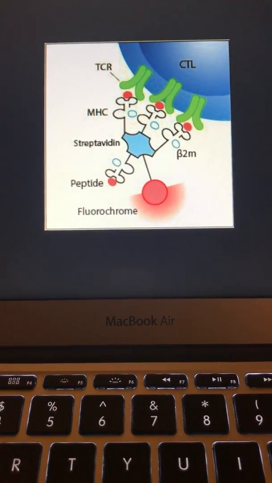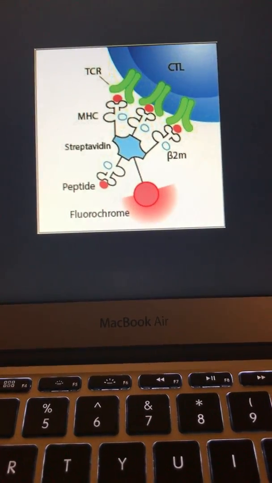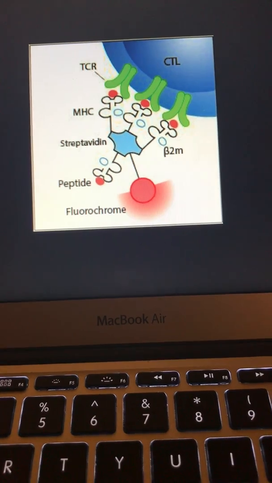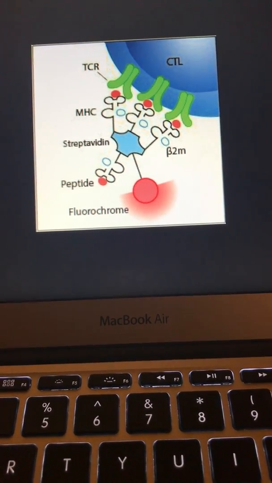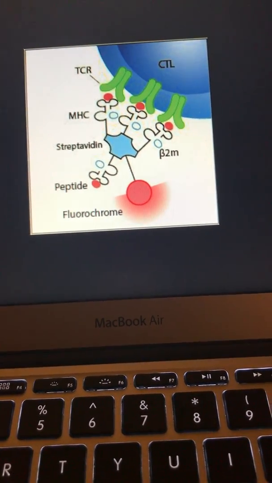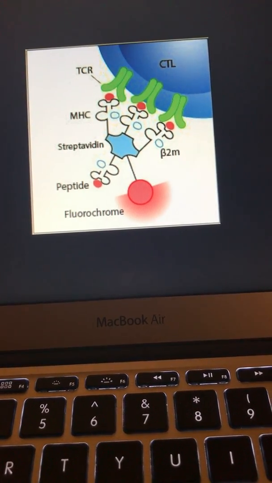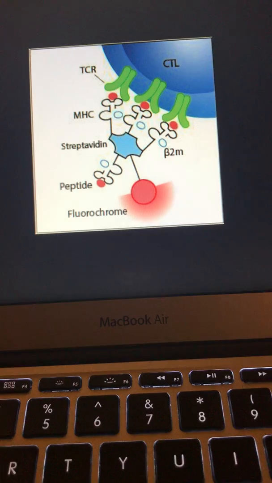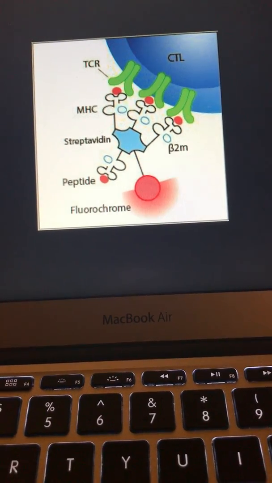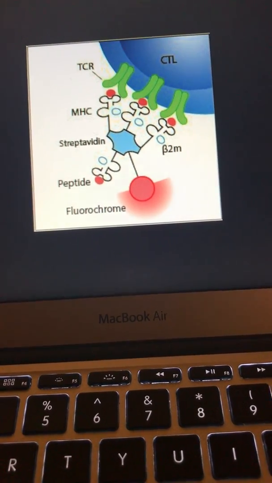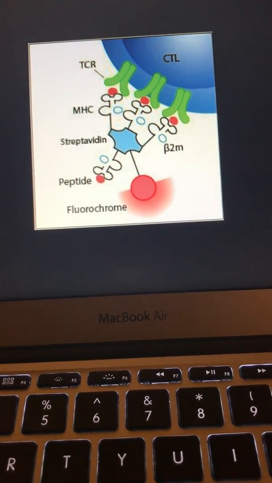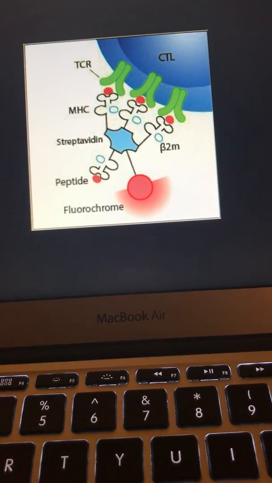So going on, TCRs recognize and bind to complexes composed of MHC molecules and specific peptides expressed on the surface of an antigen presenting cell.